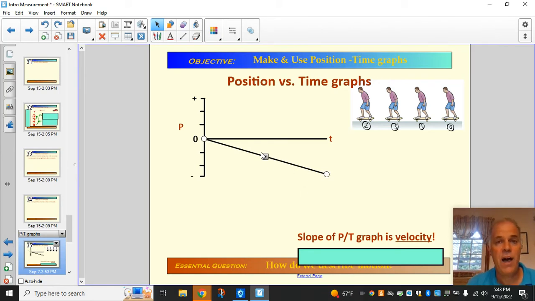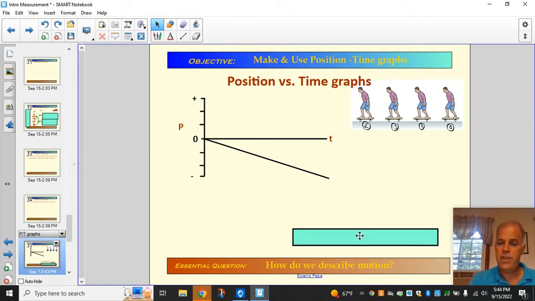So he has a negative velocity. He's going backwards. And if it's a steep negative slope, he's going backwards really, really fast. Okay. So the stuff we've told you about velocity having positive and negative, and the sign indicates the direction. Really what the sign indicates is the slope of the position versus time graph. Okay. All right, let's see. So slope of position time is velocity.